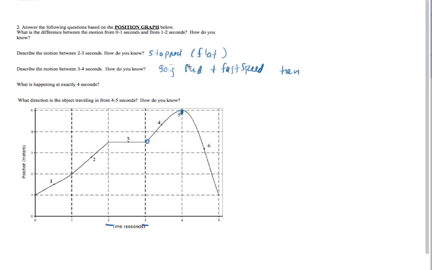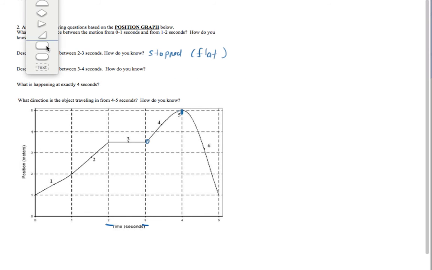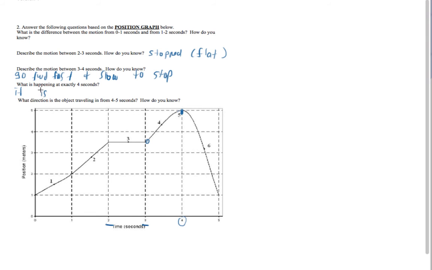So going forward at fast speed, and then slow to a stop. Here's what happens at exactly 4 seconds. It is stopped.